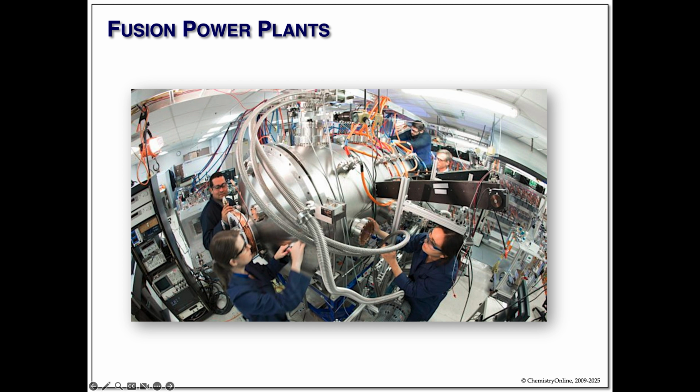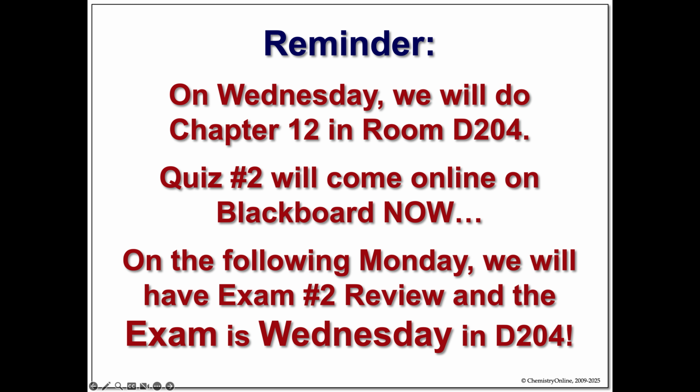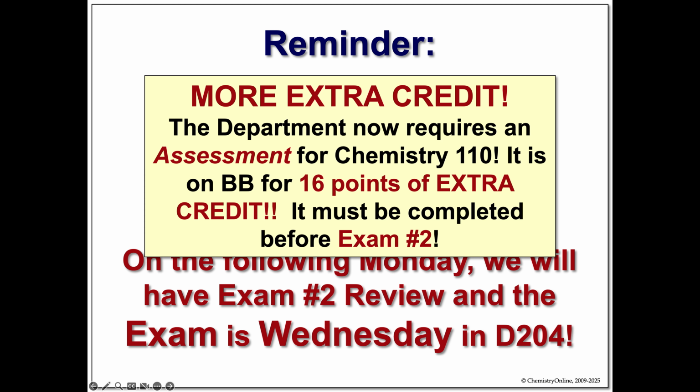Any questions? All right, again, Wednesday, we're in 204 for chapter 12. Quiz 2 is online now. Exam review is here next Monday, Wednesday in 204 for the exam. Don't forget the assessment, 15 points of extra credit.